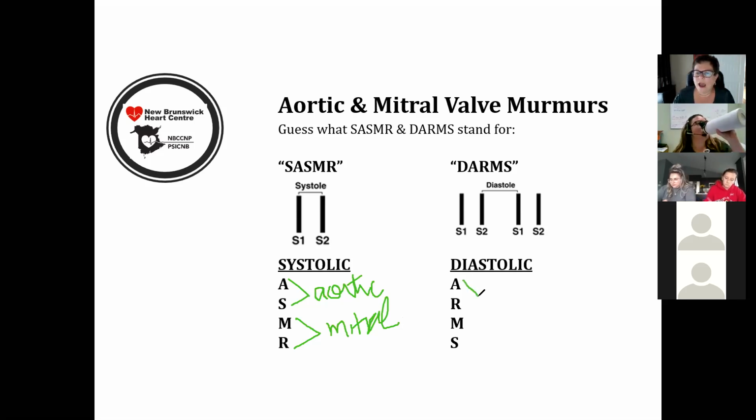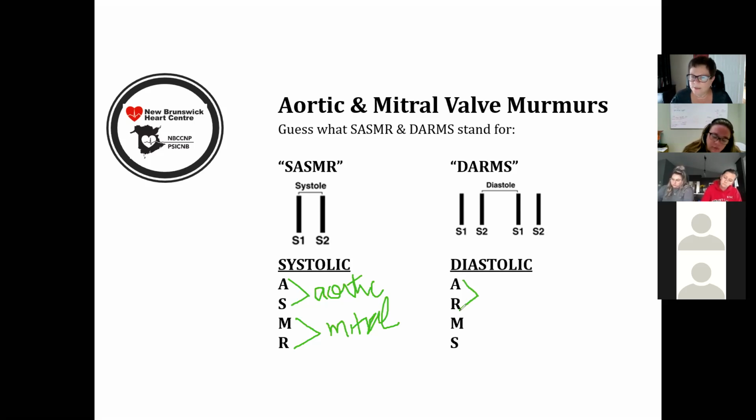what is AR? Aortic regurg. And the tough thing is aortic regurgitation is also called aortic insufficiency, AI. Many surgeons call it AI. Or aortic incompetency.